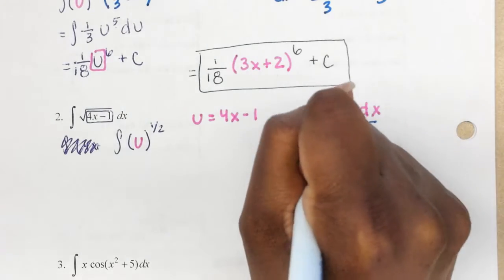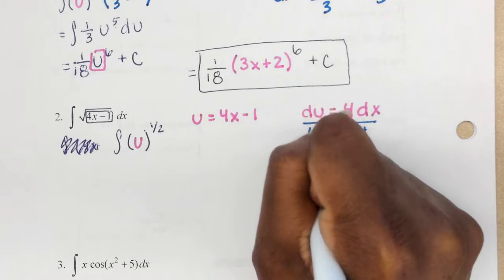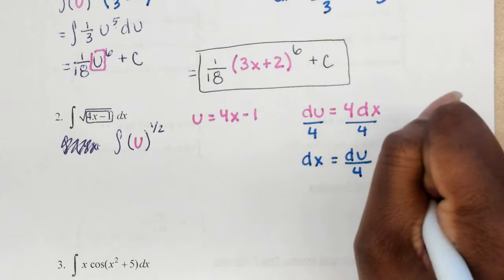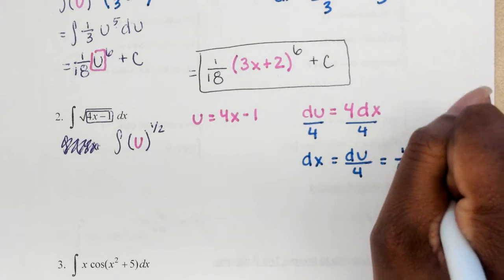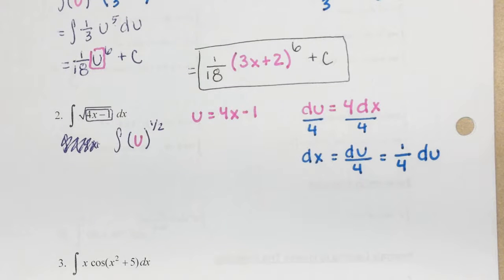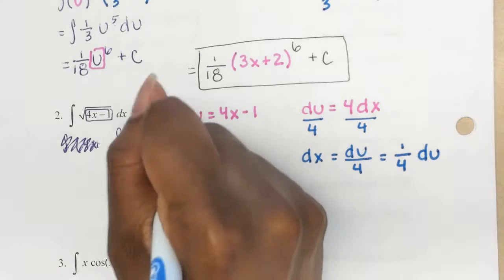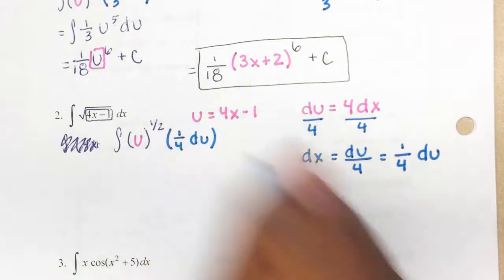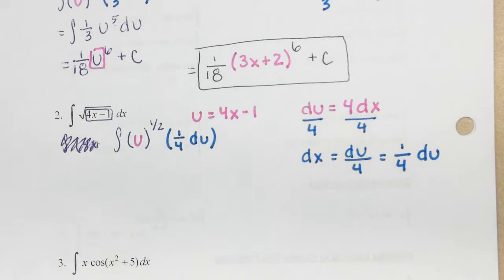Divide by 4, divide by 4. So dx is equal to du over 4, which is just 1/4 du. So now I'm going to rewrite everything.